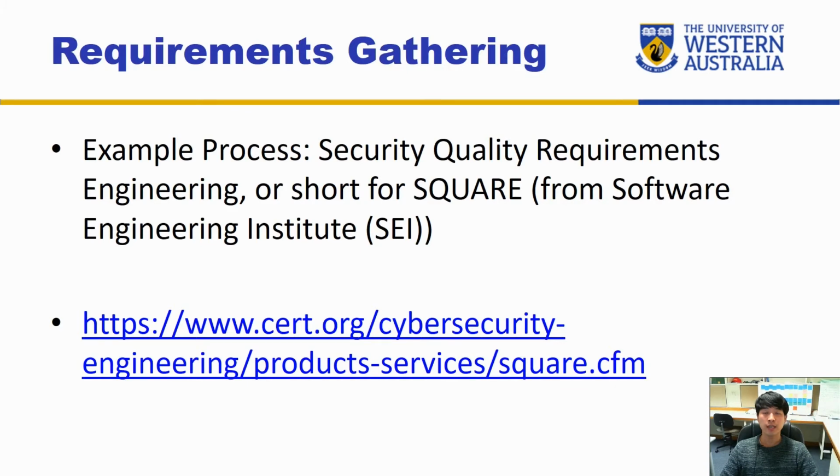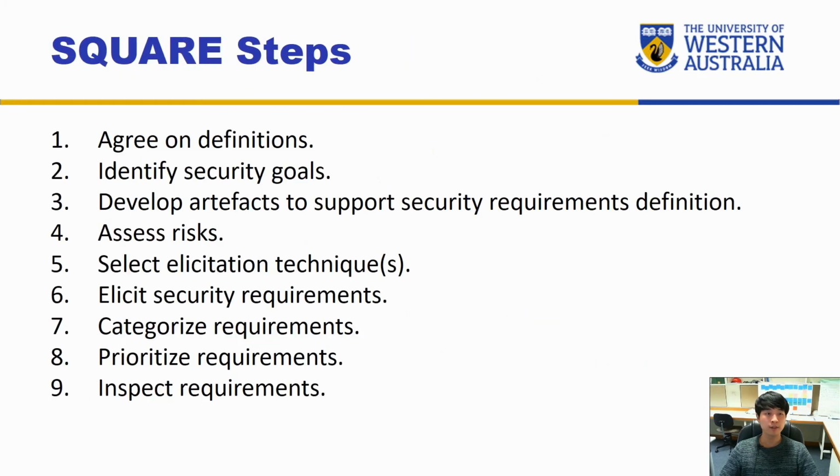So we're going to look at a requirements gathering example. The example process that we're going to capture here is SQUARE, short for Security Quality Requirements Engineering, from the Software Engineering Institute. So you can find it there. Okay, and SQUARE specifies 9 steps to follow. And you need to remember that this is done as part of the requirements engineering.